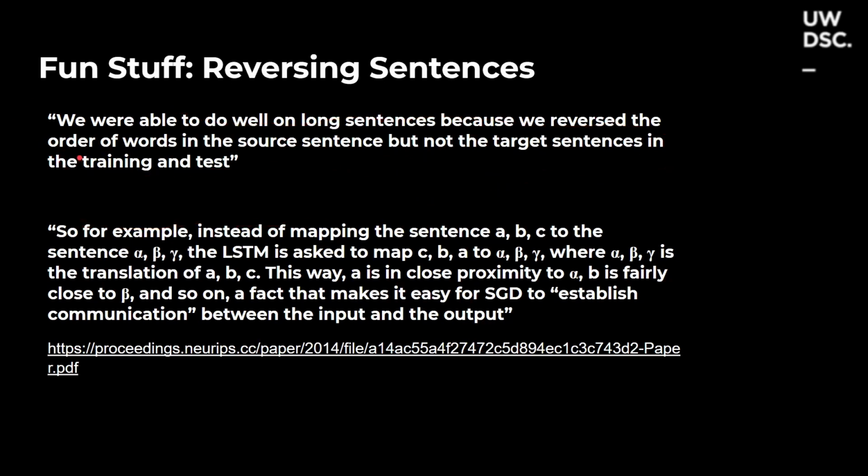They said this is because when you feed in words in reverse, the first word would be closer to the first output, which is supposed to be linked. When you translate something, usually the first word would correspond to the first output. So the closer they are in the sequence, the better they are at generating the output.